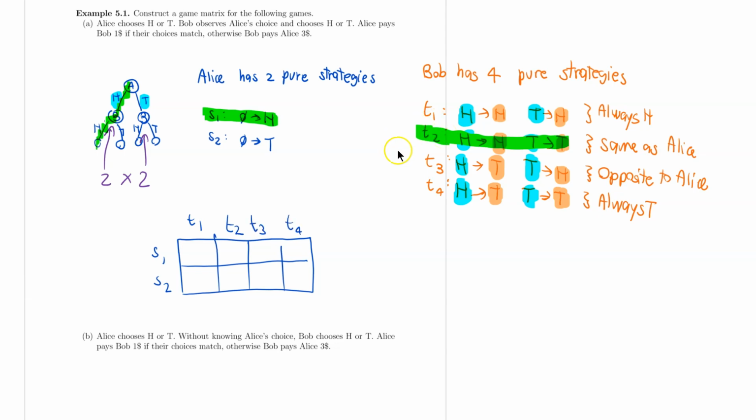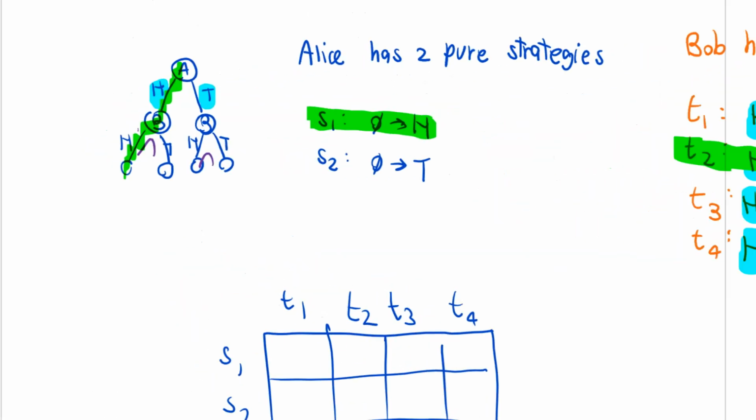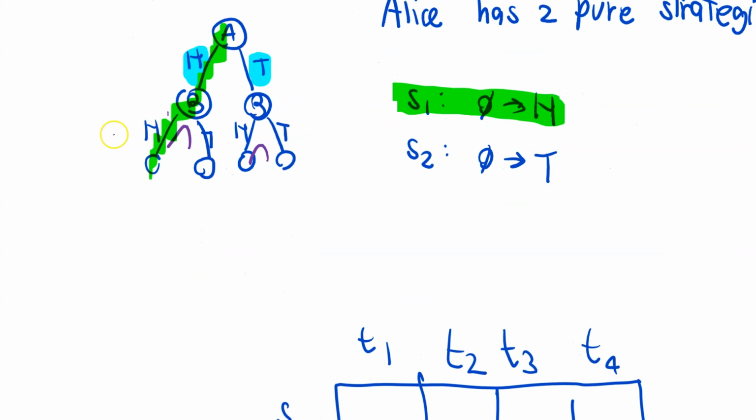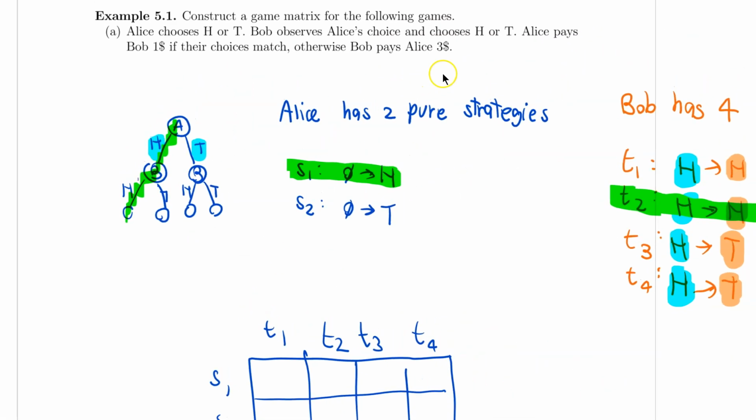Now, last time we already talked about one possible outcome, when Alice plays S1 and Bob plays T2, and then it ends up here. So let me go back and write the outcome of the game here. Earlier we saw that Alice will pay Bob if their choices match.